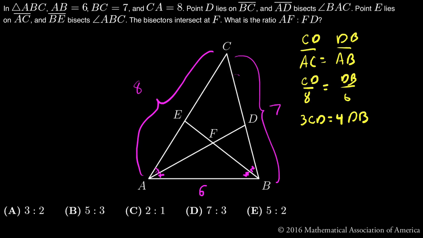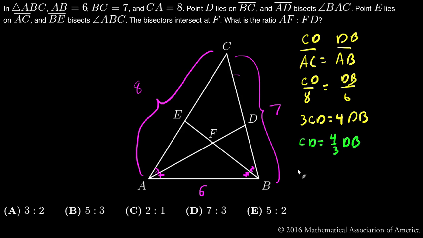Next thing, I know that CD plus DB has to equal 7. And so let's figure out what DB is. I'm going to solve for CD here. So CD equals 4/3 DB.